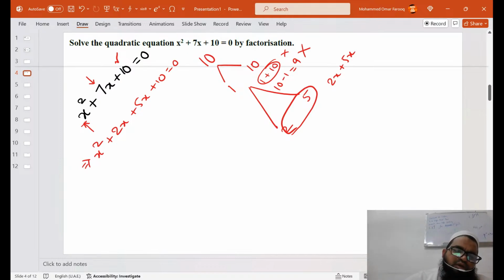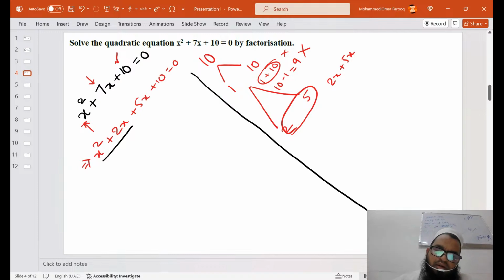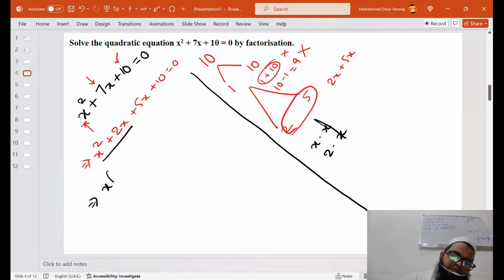What are the first two terms? x square plus 2x. If you have any doubt in taking the common terms, take x square as x into x and 2x as 2 into x. Now what is common, my dear students? x is common. So when I take it common, what is left out? x plus 2.